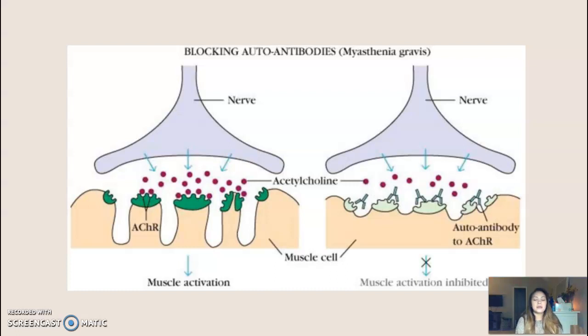But in myasthenia gravis, these antibodies, you can see, are attaching to these spaces so that the acetylcholine can't get in and bind to the acetylcholine receptors, which means no muscle activation occurs, which accounts for muscle weakness.